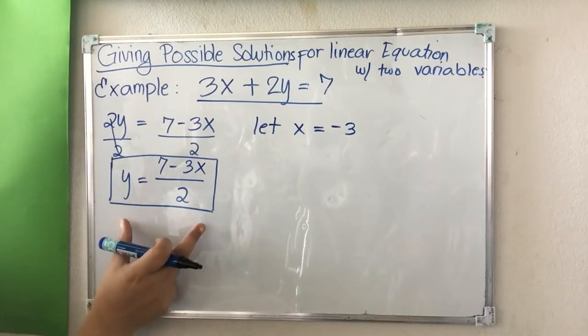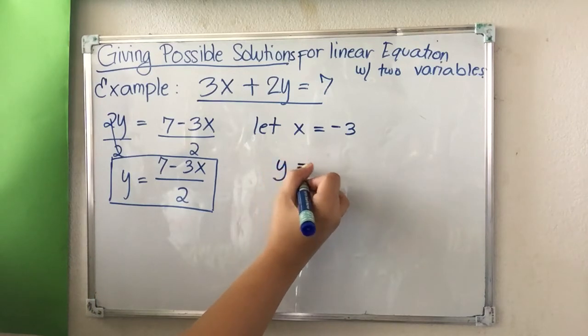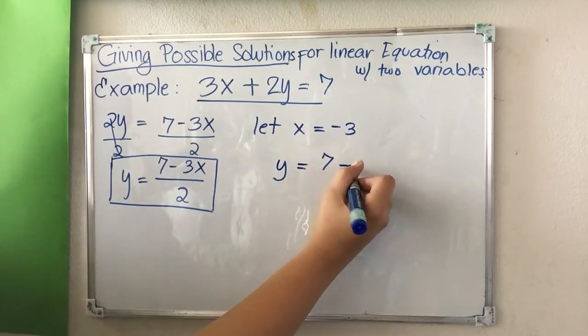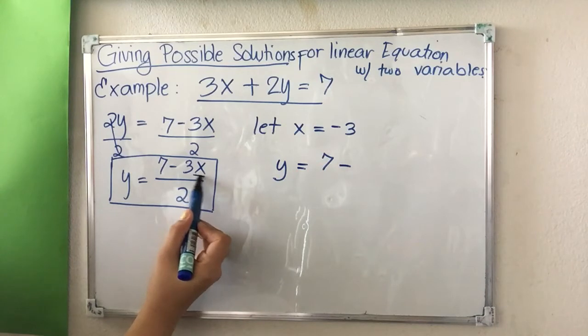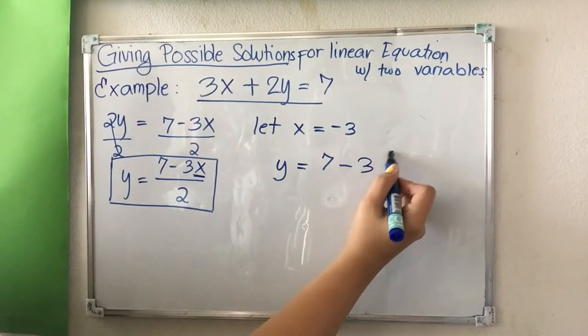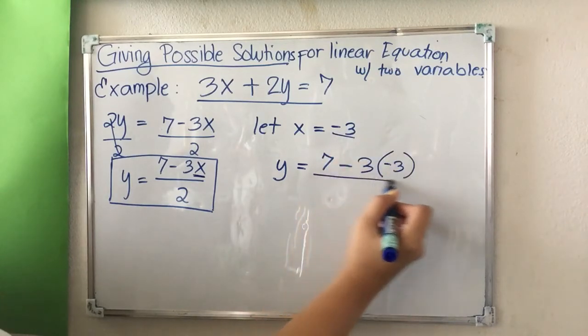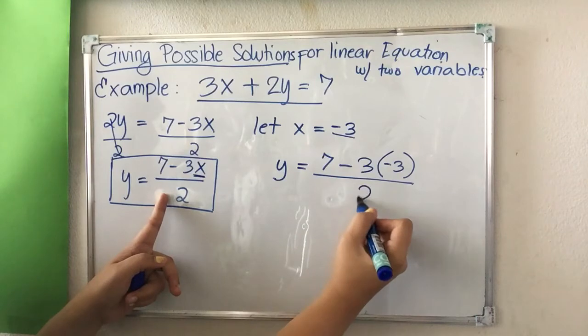We have y is equal to 7 minus 3 multiplied by negative 3, over 2.